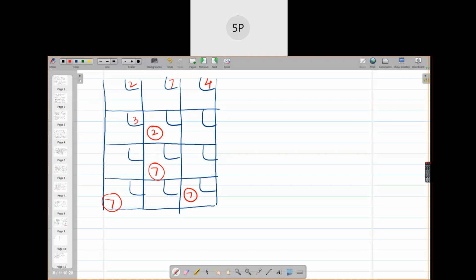Second row, 3, 3, 1. Then third row, 5, 4, 7. Last row, 1, 6, 2. And ma'am, allocations are first row, last column is 5, and 7, 6. That's it. Correct? Okay.